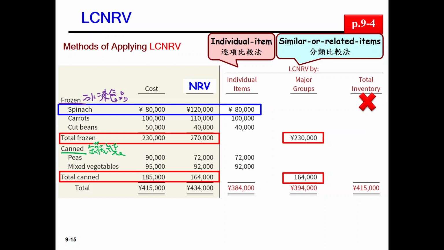Let you guess these two methods, which one will always give you the lowest amount? Individual or the second one?